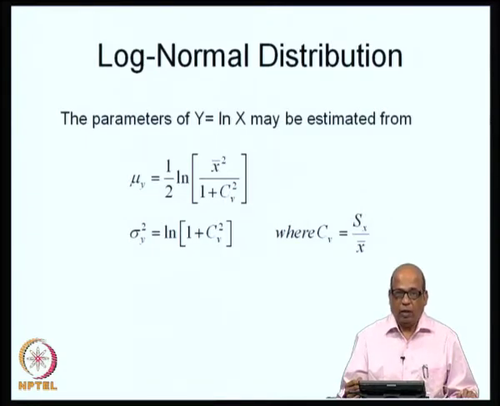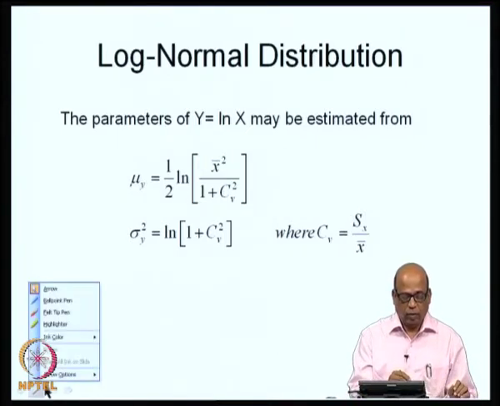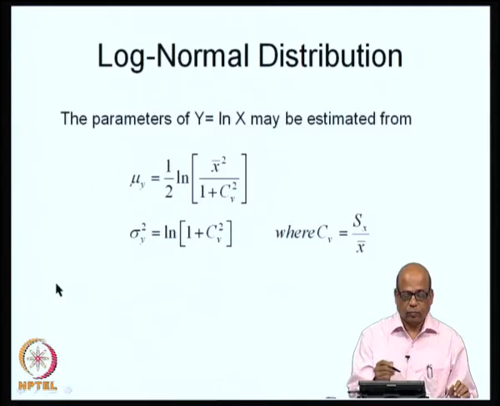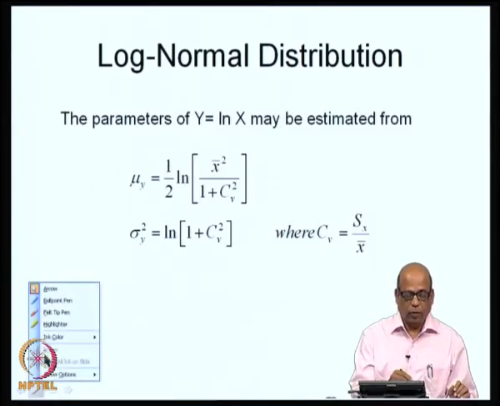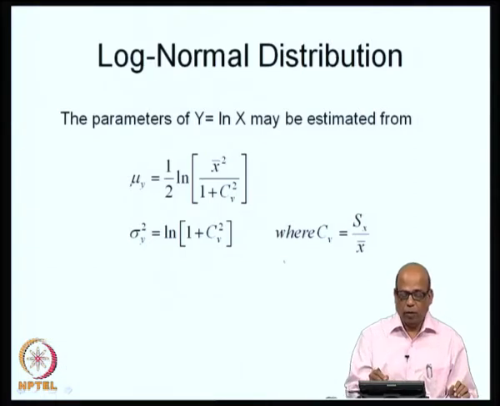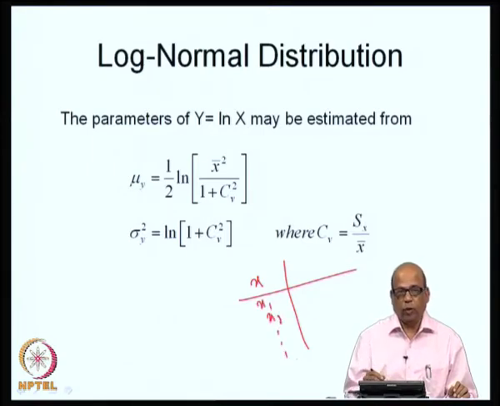Then an easy, although slightly inelegant, way of doing this would be to take log of x corresponding to each of the values. For example, let us say you have x 1, x 2, x 3 and so on, these are the observed values.